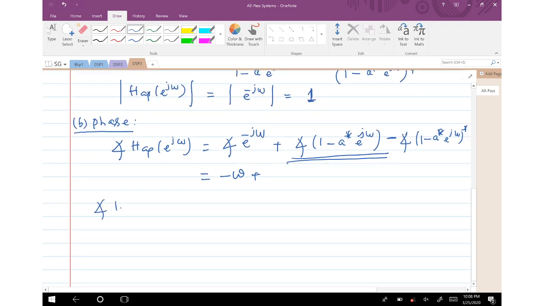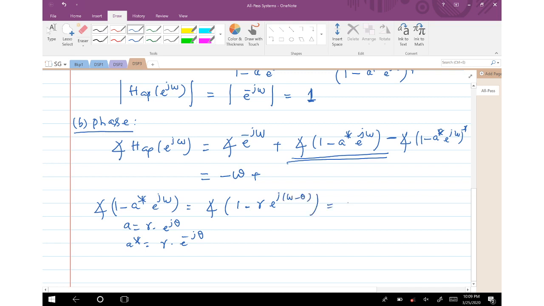So the phase of 1 minus a conjugate into e power j omega: let's take a as r into e power j theta. So we are letting a be any complex number. Of course, when theta equals 0, that already represents a real number as well. So 1 minus a conjugate is r into e power minus j theta. So this is equal to 1 minus r into e power j times omega minus theta, correct?